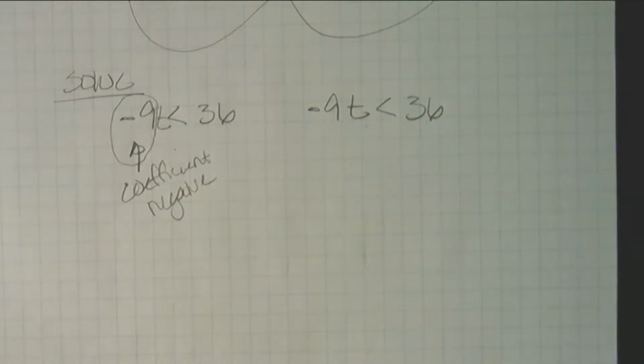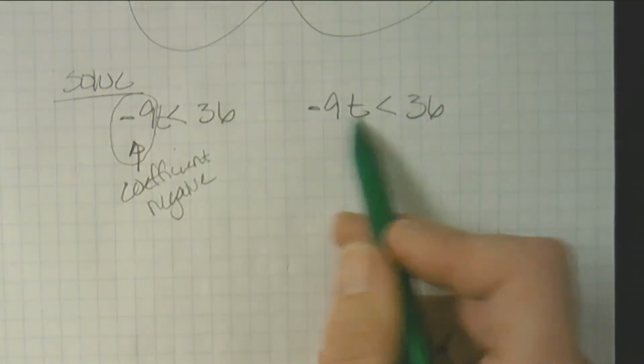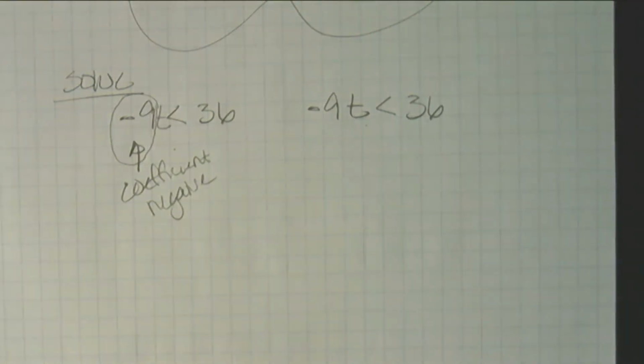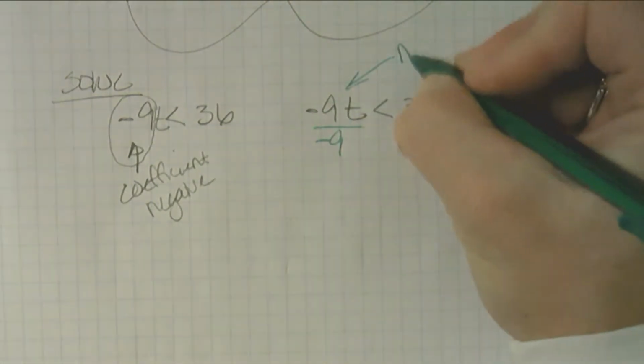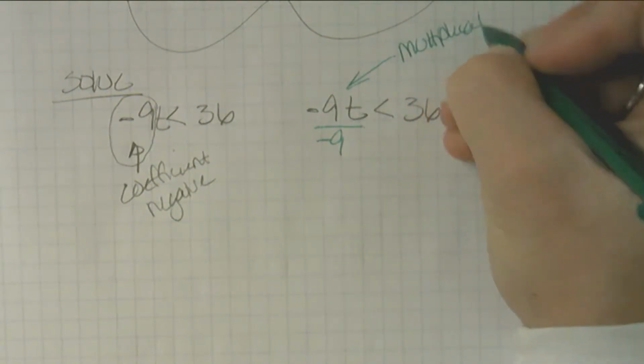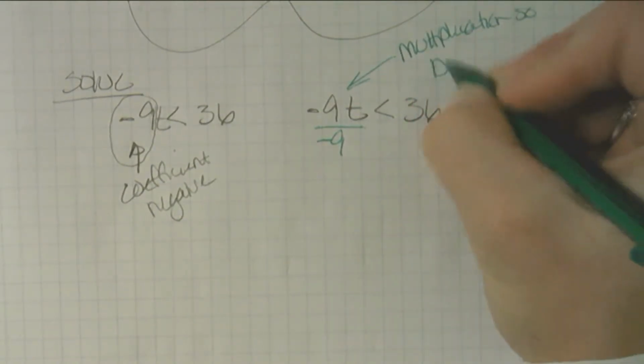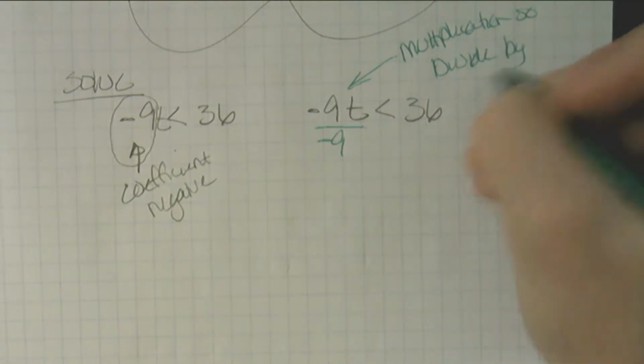Michaela? What's the operation going on between these two? Does subtraction undo multiplication? Divide by that negative 9, right?